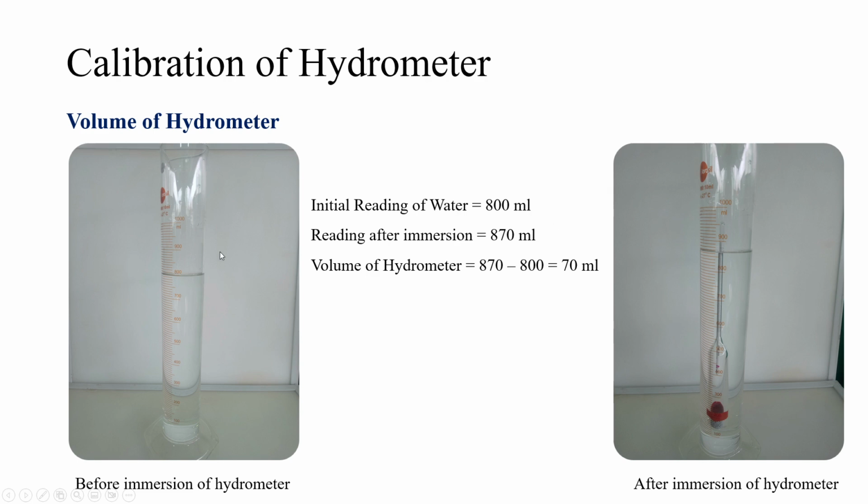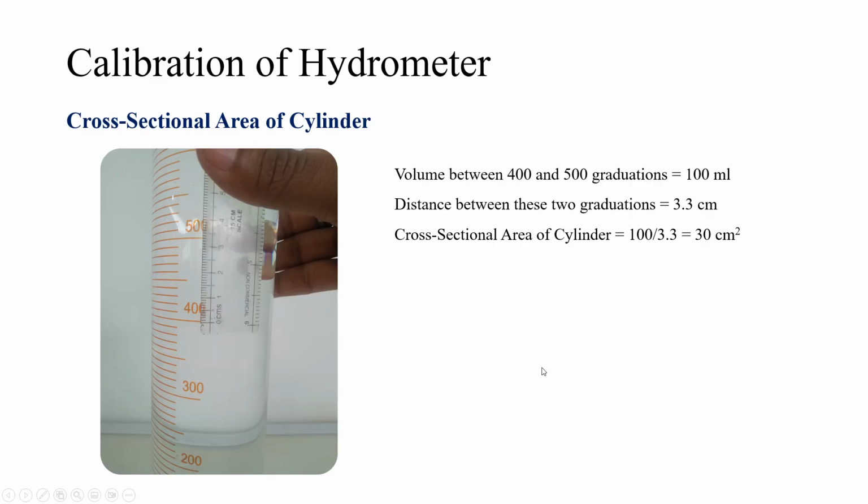Now insert the hydrometer. Then the water will go up, or this mark will be higher. So note down that reading. Here the initial reading is 800 and after immersion the reading is 870 ml. So the difference of these readings will give the volume of the hydrometer, which is here 870 minus 800, which is 70 ml.